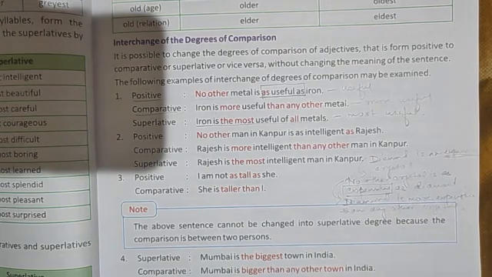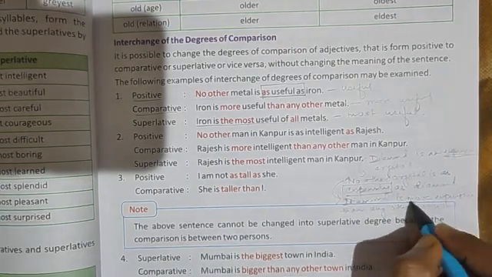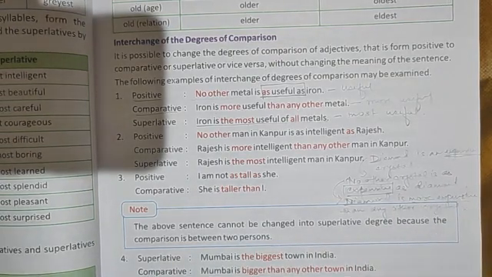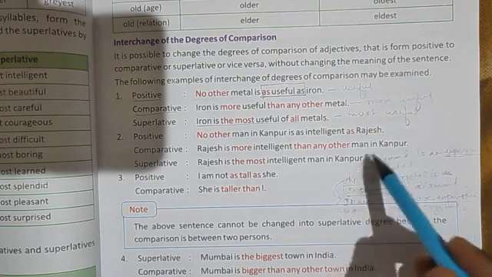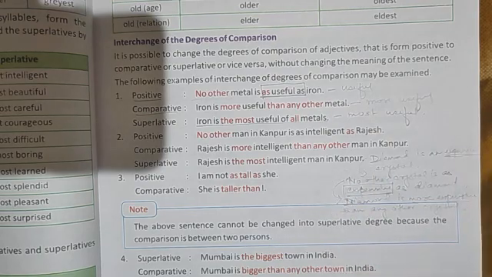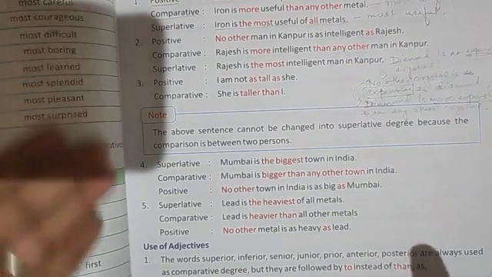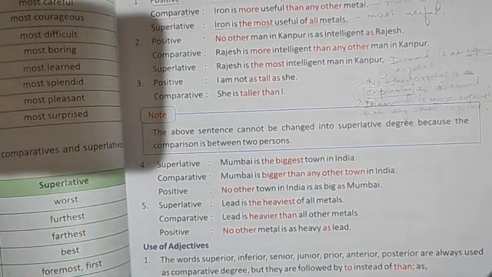See, just I changed. More expensive means diamond is a crystal which is a lot more expensive than any other crystal found. Okay, so this is the way that you have to interchange the degrees of comparison, and that has been written in all this. I would ask you to read this example and understand properly.